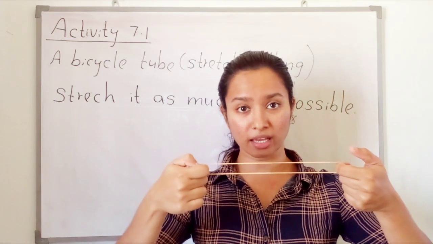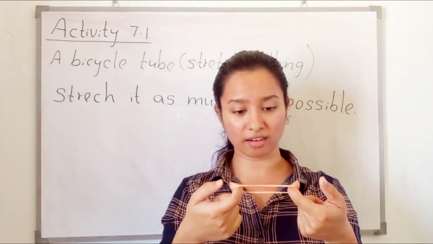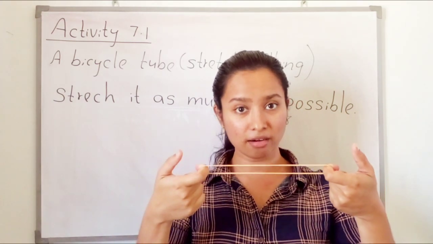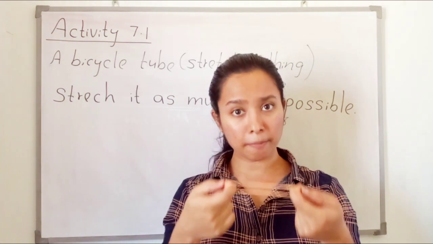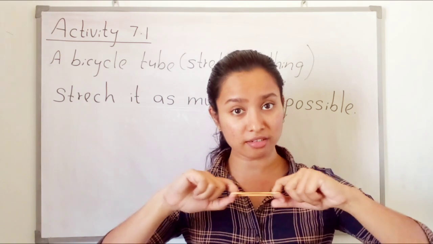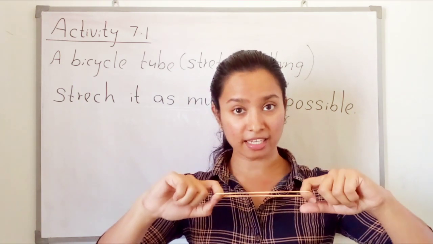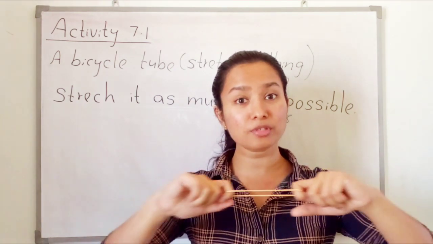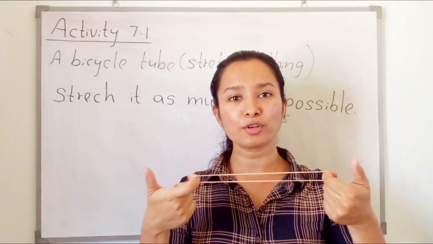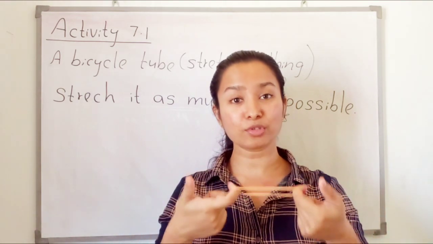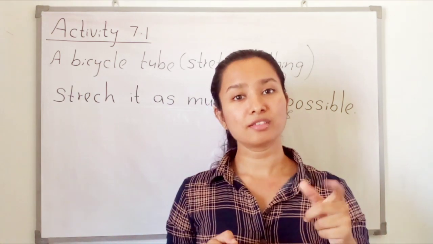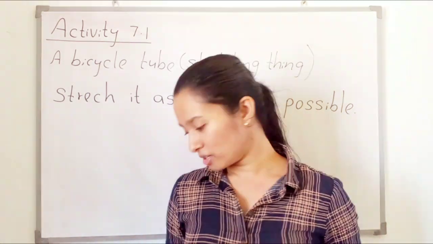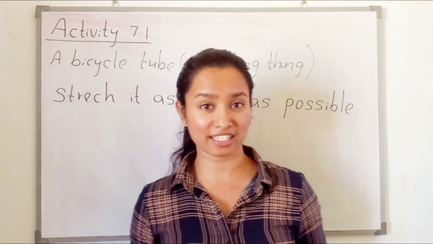Because I am pulling. Here I am doing a work. I am pulling this rubber band. So what should I apply to stretch this rubber band? That is energy. I have to use my energy to stretch this rubber band. You can try it. Now let's go to the second activity.